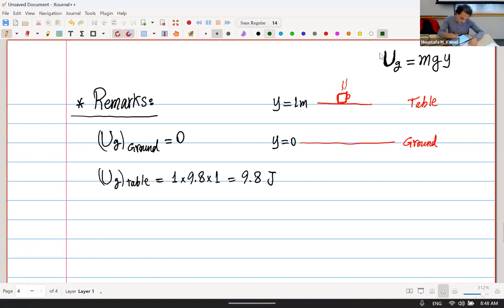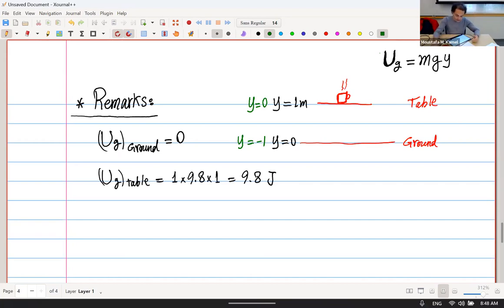However, I could have chosen the table to be the origin and set y equal to 0 here and y equal to -1 here, right? It's just a choice of coordinates, because coordinates are not in nature. We choose the coordinates to assign values to position, as we discussed in kinematics.